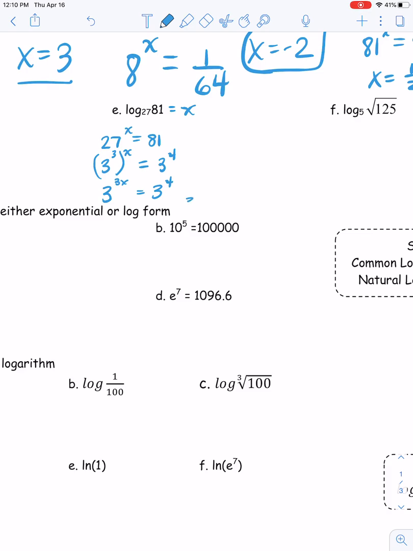So essentially, we just have 3x equals 4. Solving for x, we get 4/3. So 27 raised to the 4/3 power equals 81. And at this point, you can definitely check your work by using a calculator. You can type in 27 raised to the 4/3 power, and you will get 81 in your calculator.